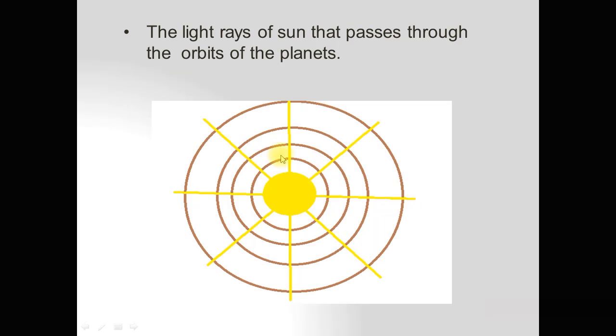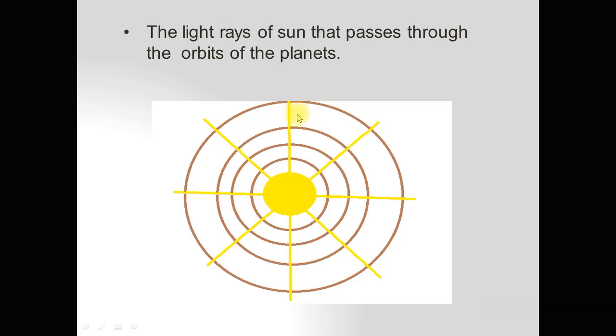Another very simple example is the light rays of the sun that pass through the orbits of the planets. Suppose this is the sun and these are the orbits. So these are the sun rays. These sun rays intersect the orbits of the planets at a 90 degree angle.